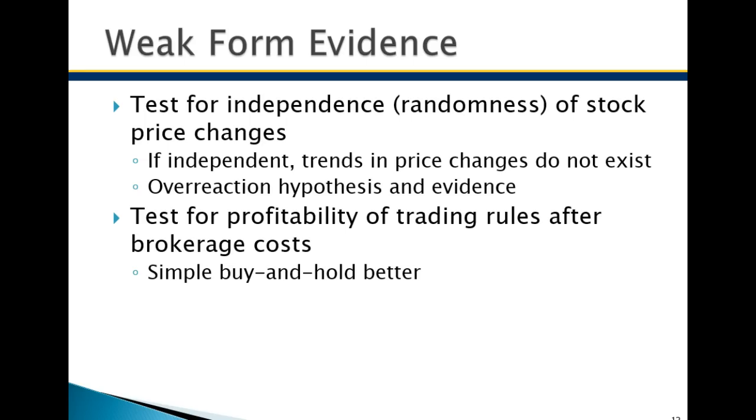We're looking to see that there is some sort of reaction that puts the stock price well above or well below where the intrinsic value is. So if we could show that in certain situations, meaning that if we could use fundamental information or inside information and show that this information can get you above average returns by taking advantage of these changes in stock price, then we could prove that the weak form does work.